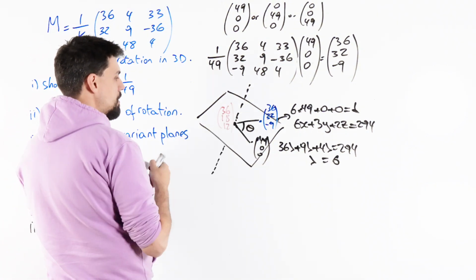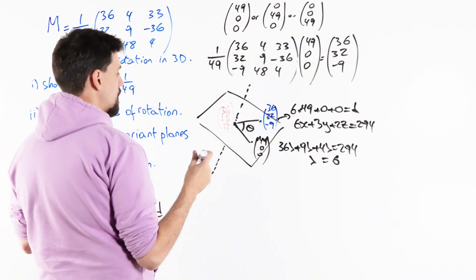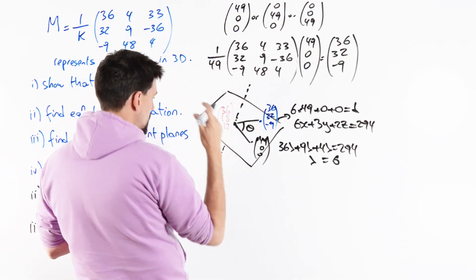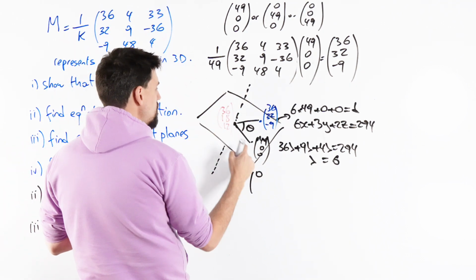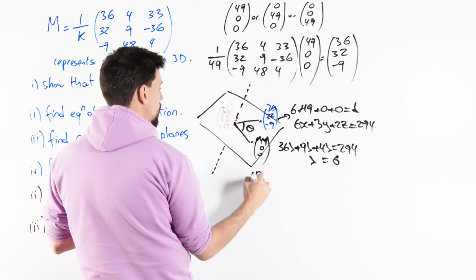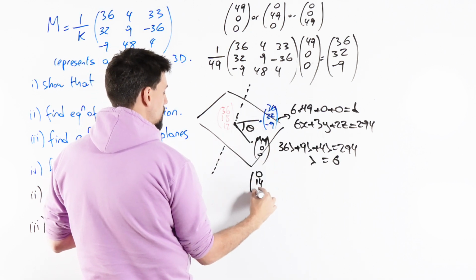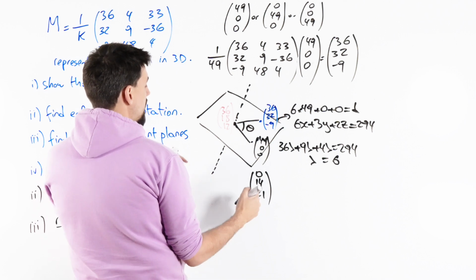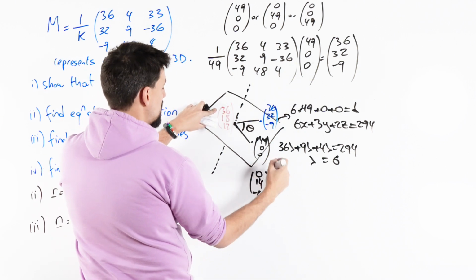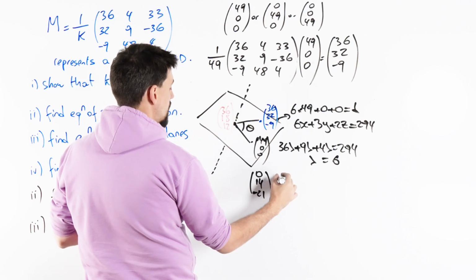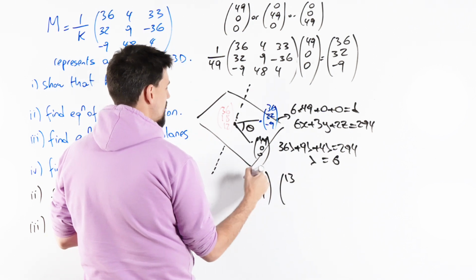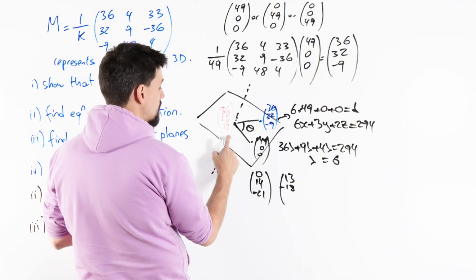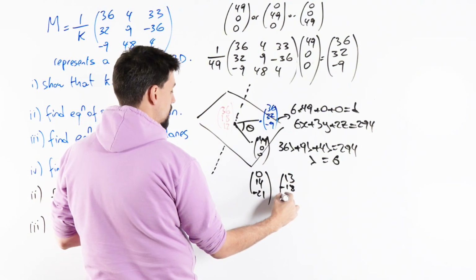The first vector between these two is going to be, you go from 36 to 36, which is 0, 18 to 32, which is 14, 12 to -9, which is -21. The other vector is we're going from 36 to 49, which is 13, 18 to 0, which is -18, and then 12 to 0, which is -12.